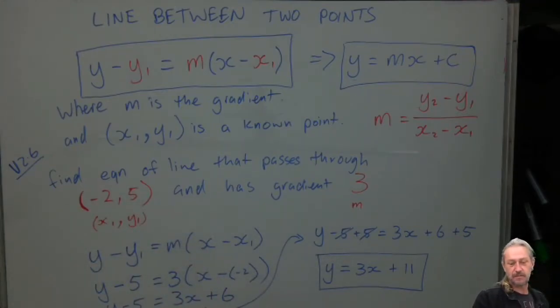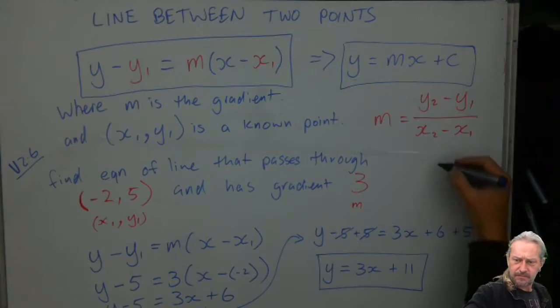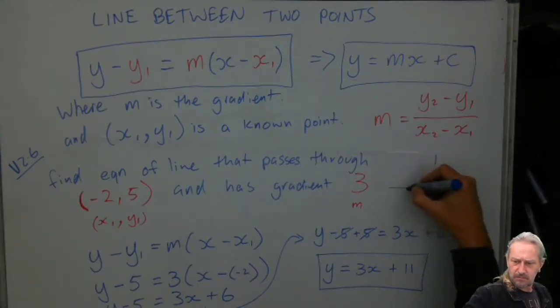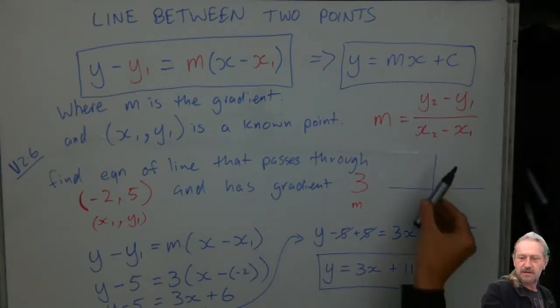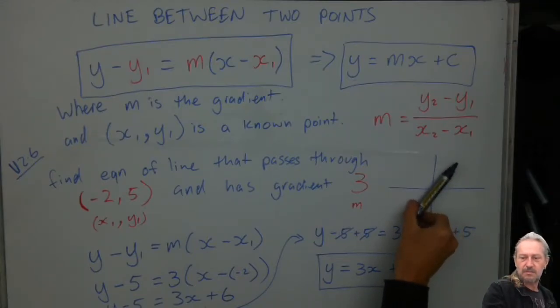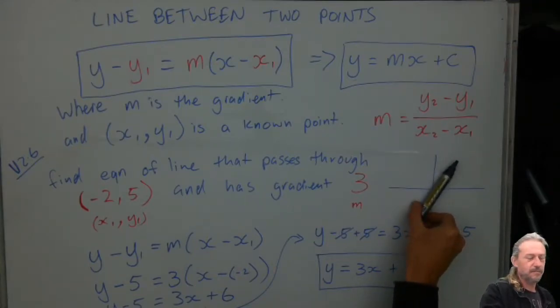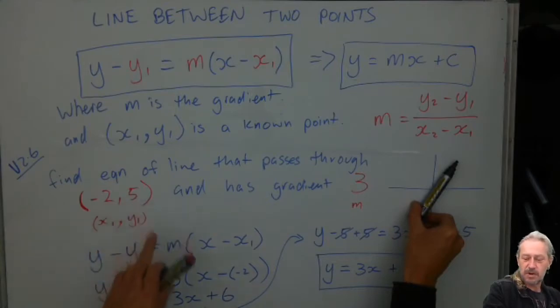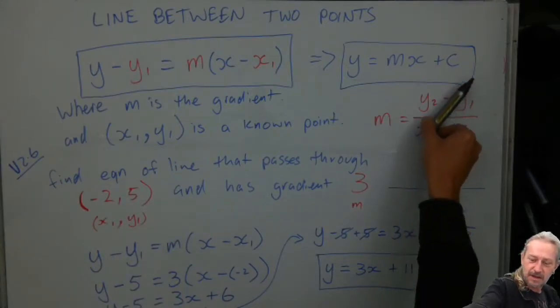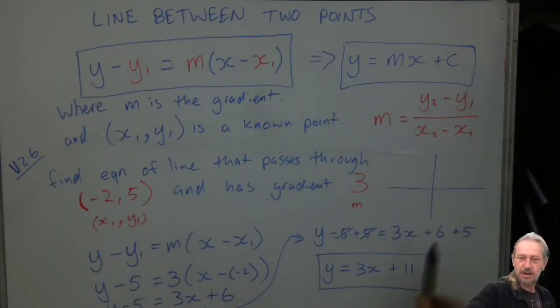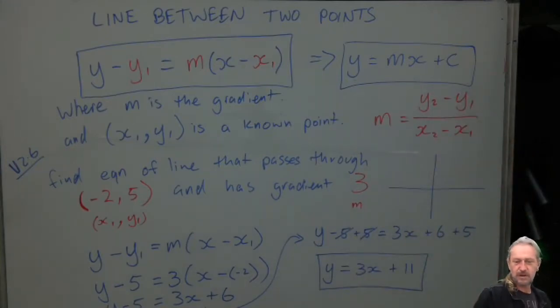So essentially, if it has a gradient of 3, it's going to be sloping that way. But if we want it to pass through this point, it's got to shift up so that it passes through 11. I think that's probably the best way to describe it. So that was really just substitution.